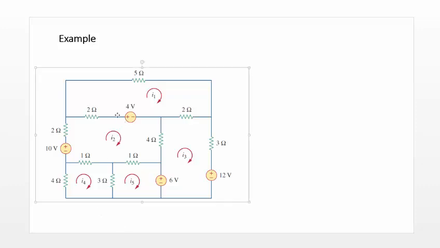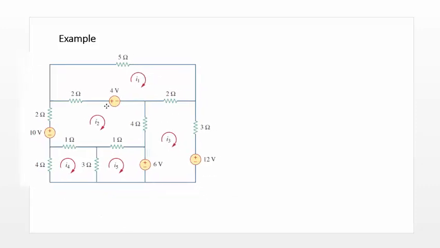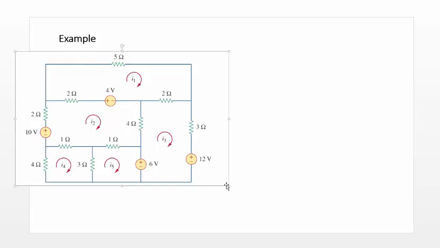Examples are always good. Here is my example circuit. So, kind of ugly. I see 1, 2, 3, 4, 5 loops if I'm going to do a loop analysis. And 5 loops means 5 unknown currents, I1 through I5, which means 5 equations and 5 unknowns.